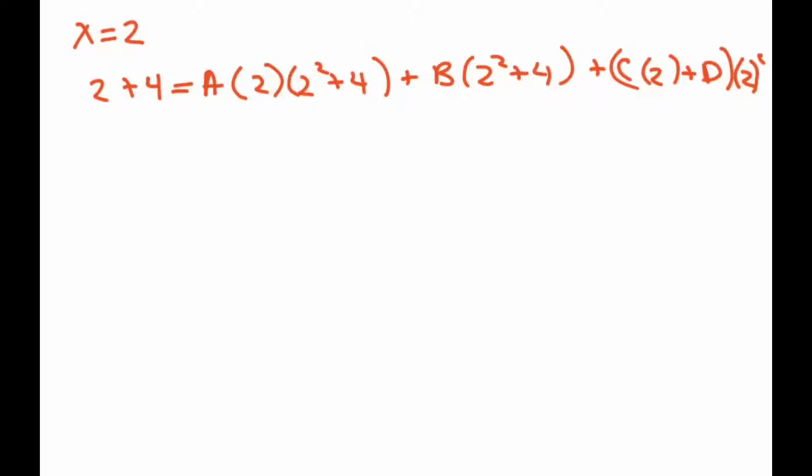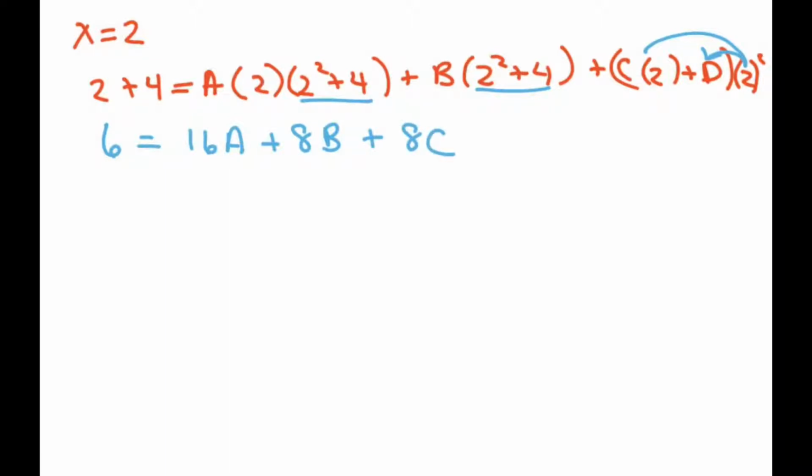So simplifying this, we get 6 equals 16A plus 8B plus, if you distribute this 4, 8C plus 4D.